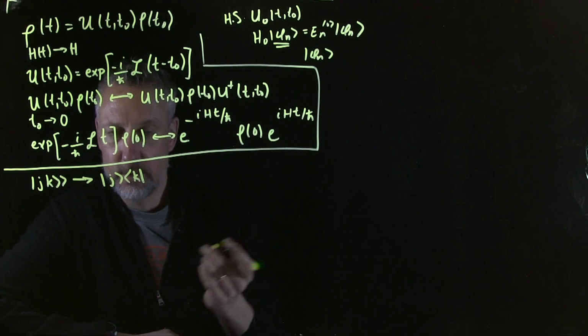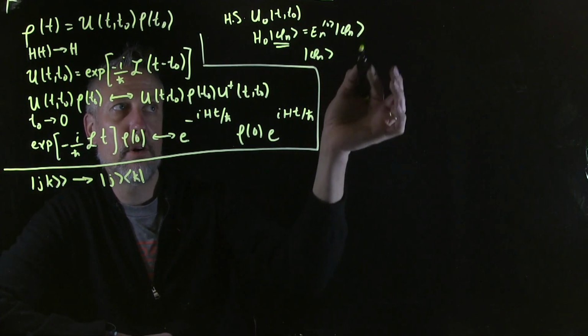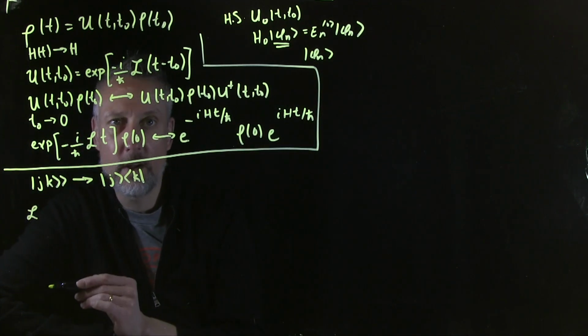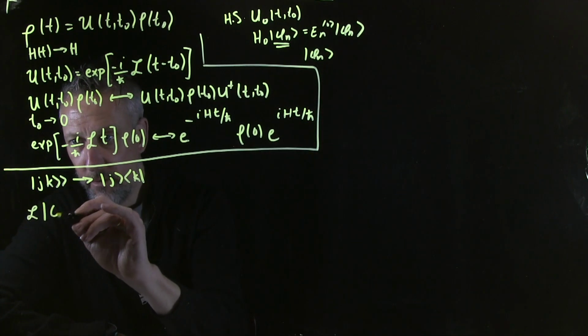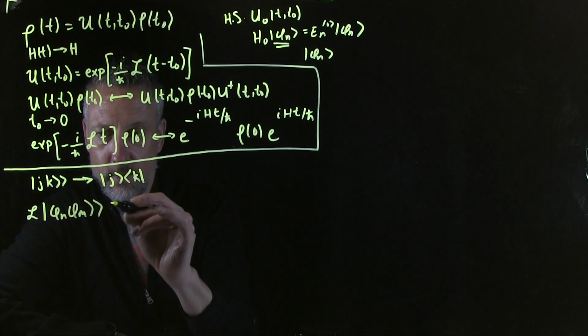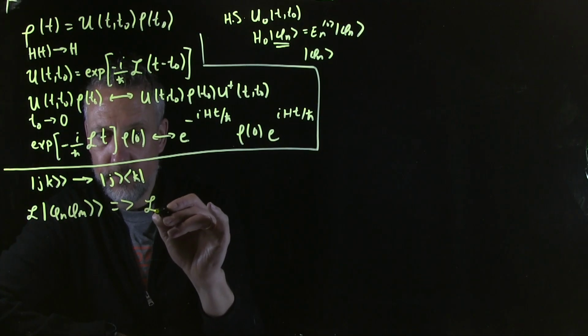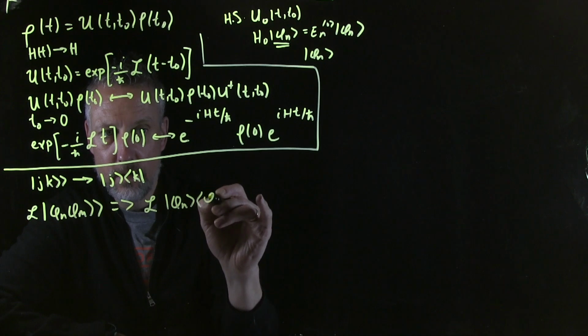We'll use the same kind of basis, and look at what the Liouville operator does on these things. For example, I could write |phi_n><phi_m|, or nm, whatever, and this would correspond to the Liouville operator acting on |phi_n><phi_m|.